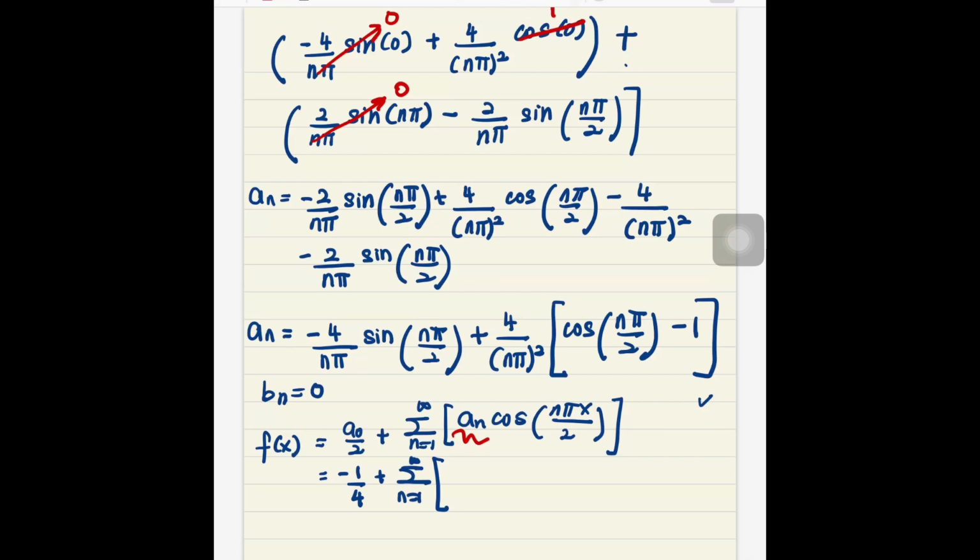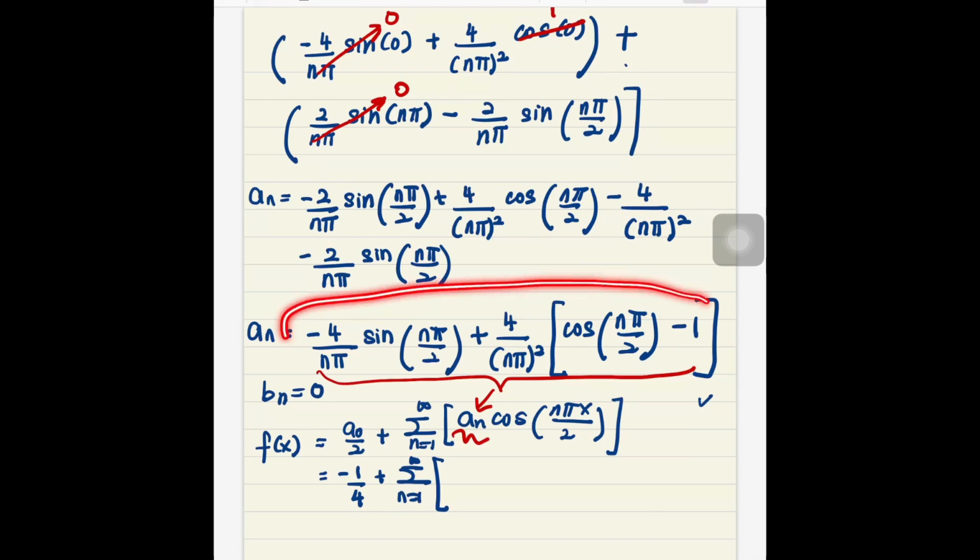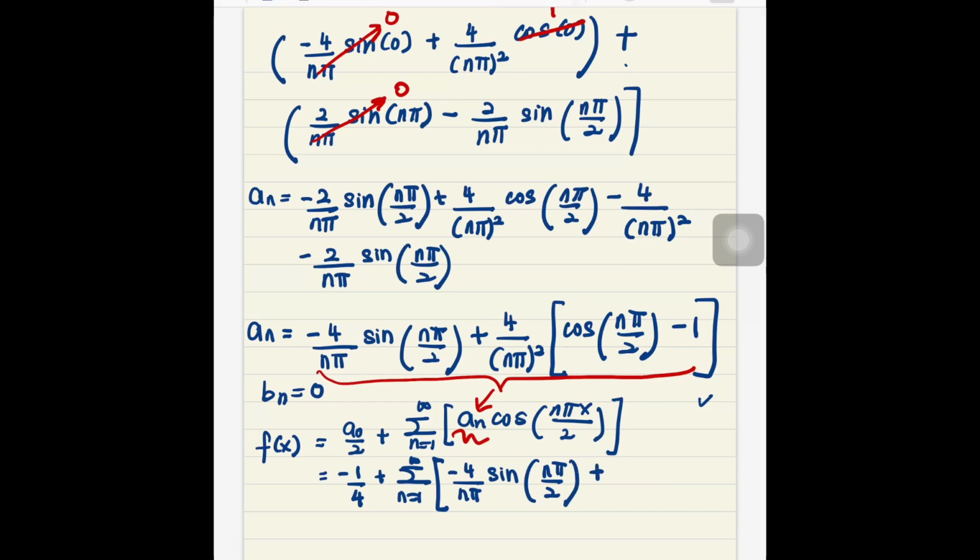So what is your an here? Your an is the whole function here. So write it here. And this whole function here needs to be multiplied by cos n pi x over 2. So therefore you will have, I'm using the bracket here, negative 4 over n pi sine n pi over 2 plus 4 over n pi the whole thing squared cos n pi over 2 minus 1.